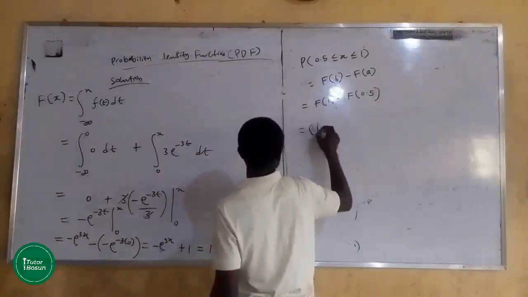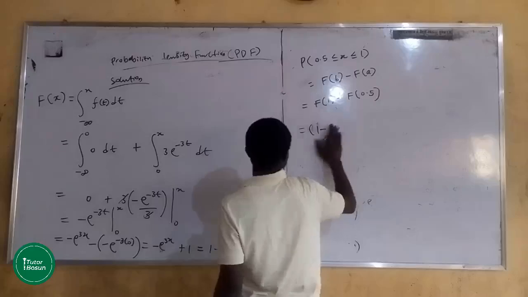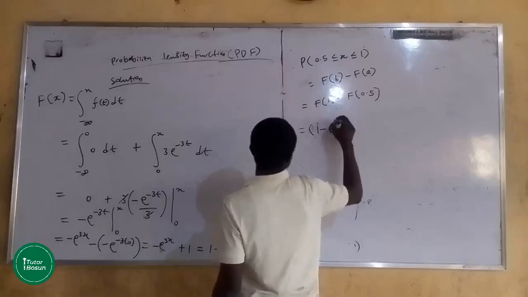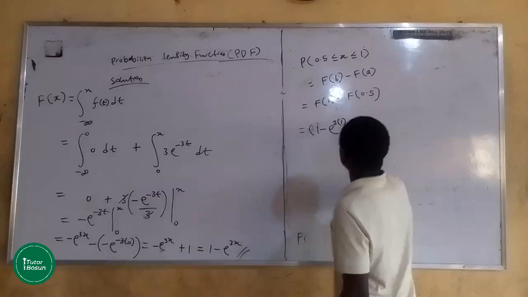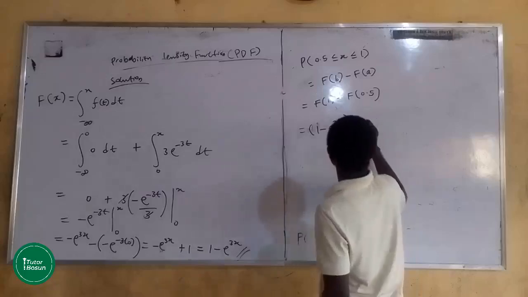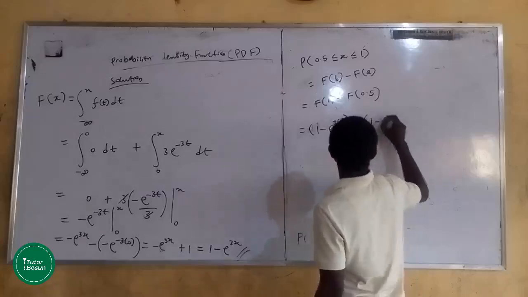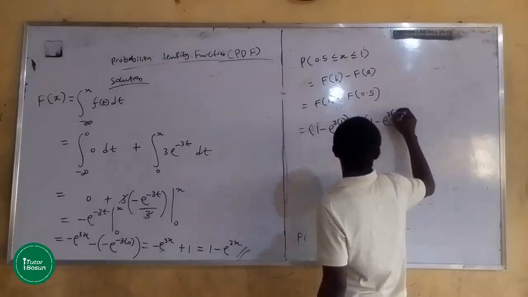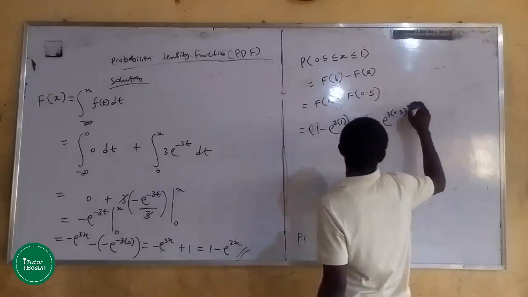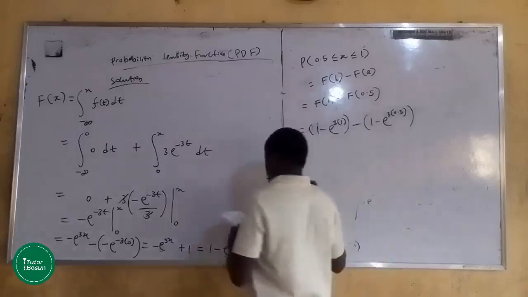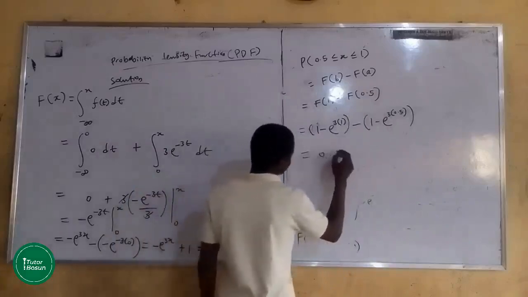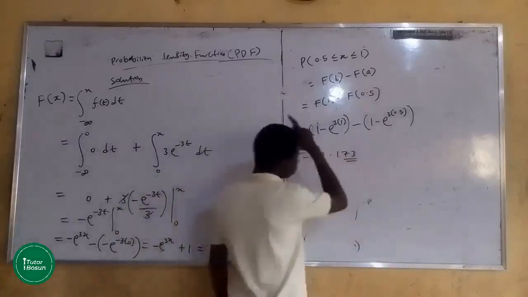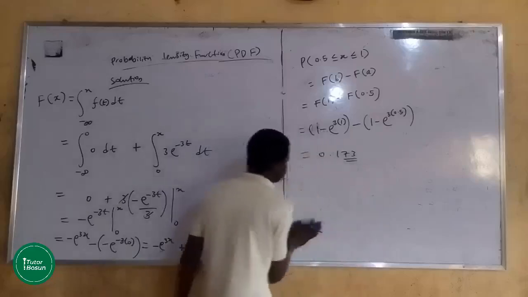So we have 1 minus exponential 3 into 1, because here x is 1, minus 1 minus exponential 3 into 0.5. And if you do that very well, you should be having 0.173, just like the previous example we've done earlier.